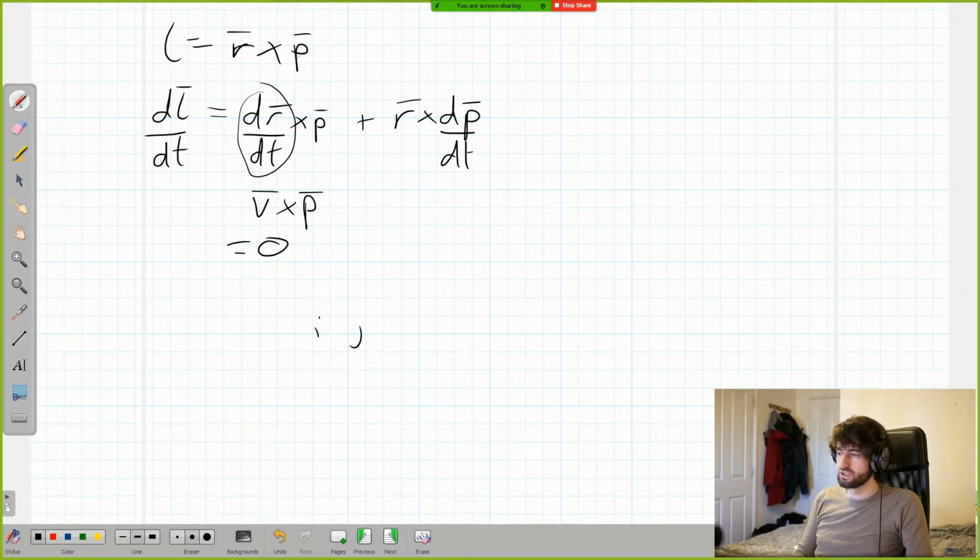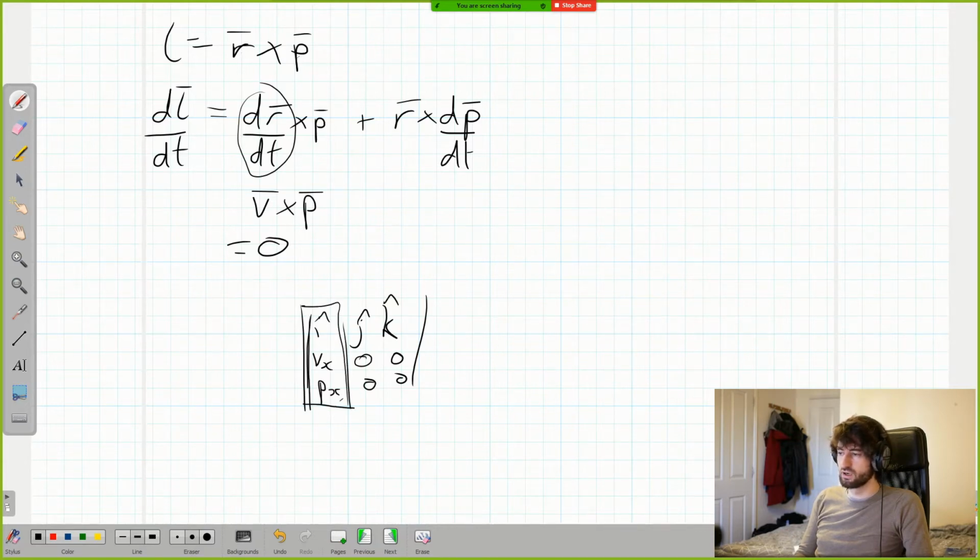Or if we just do i, j, k, and let's say v is just in the x direction and p is just in the x direction, and we're crossing them with each other, they're all in the same column, and as long as they're in the same column, you're going to get 0.